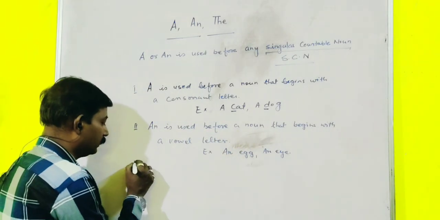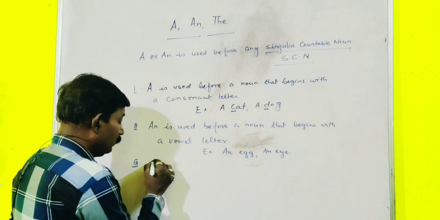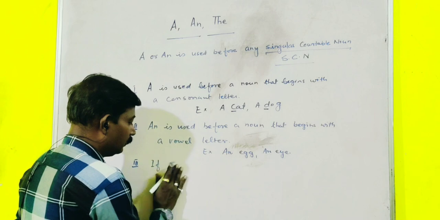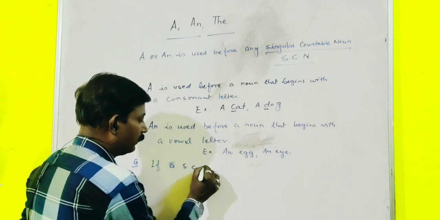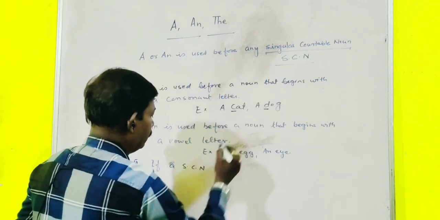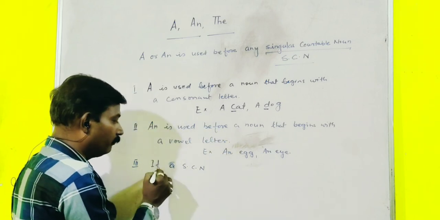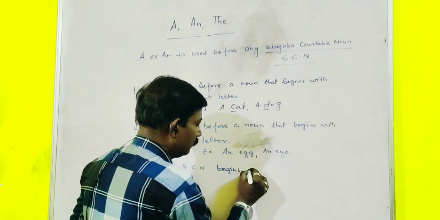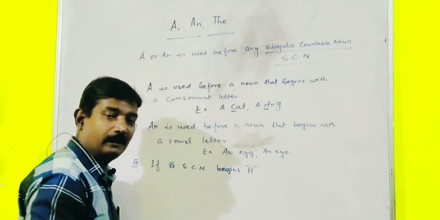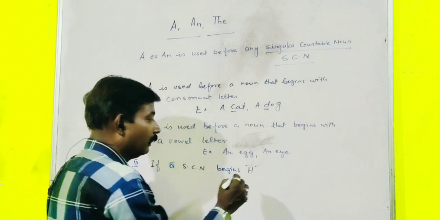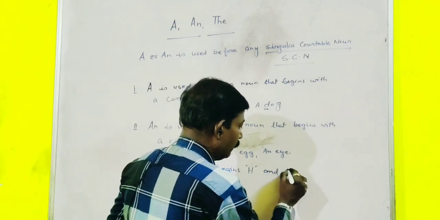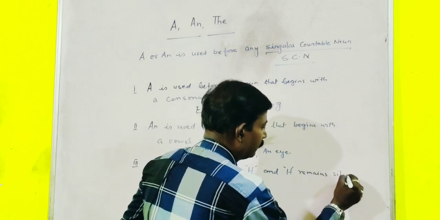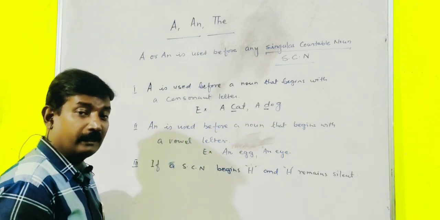Now the third condition is, if a singular countable noun, see I have written this one, SCN, singular countable noun. So if a singular countable noun begins with H, okay, begins with H, and H remains silent. Okay, H remains silent.